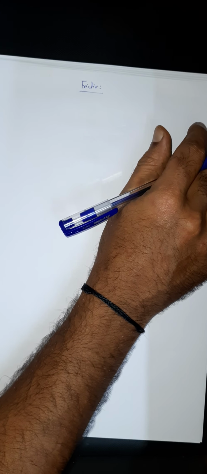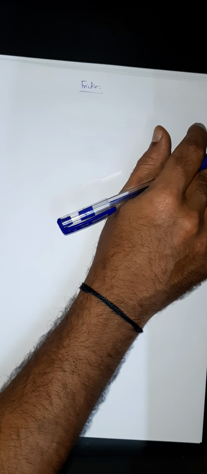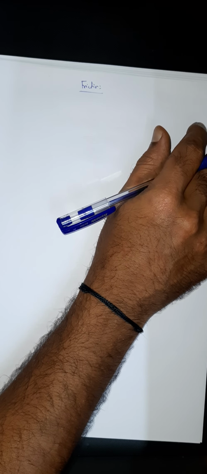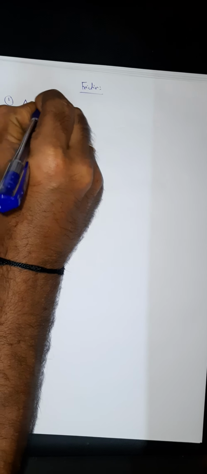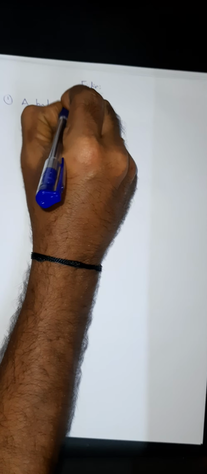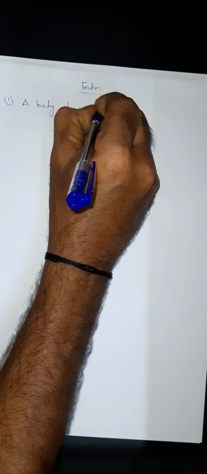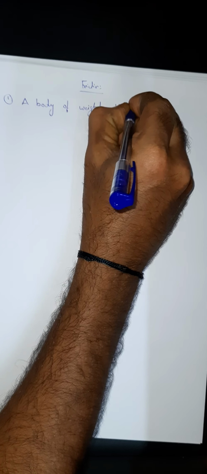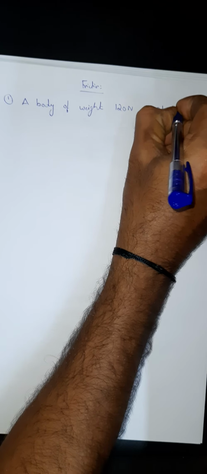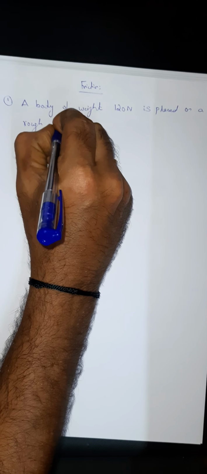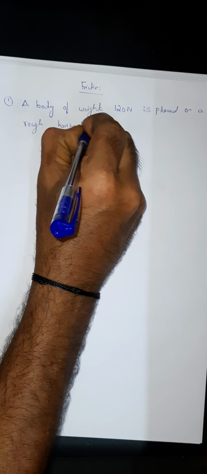We are going to see an example problem. First problem. The question is, a body of weight 120 Newton is placed on a rough horizontal plane.